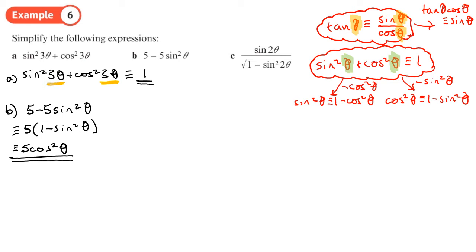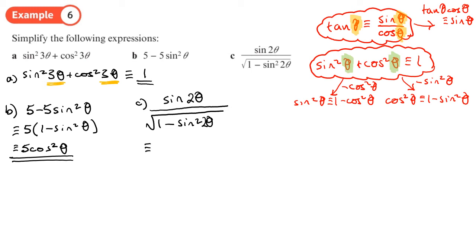And then part C, I have sine 2 theta, looks a bit more complicated, over the square root of 1 minus sine squared 2 theta, sorry. And the top says 2 theta as well, so we can just apply the rules because they're all the same. Now the bit under the square root would be cos squared 2 theta.